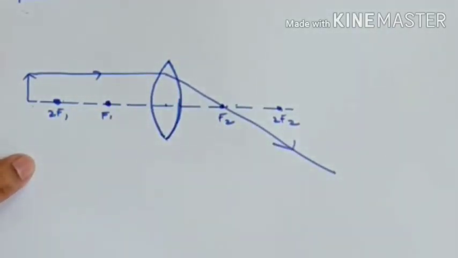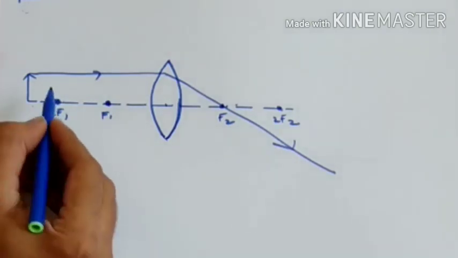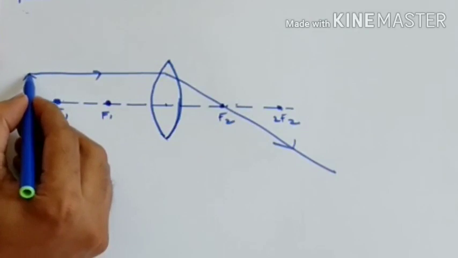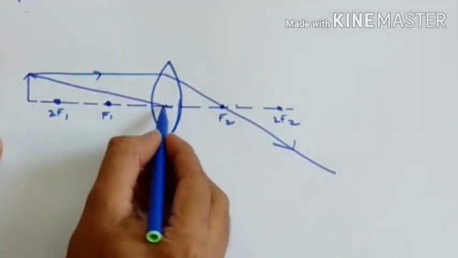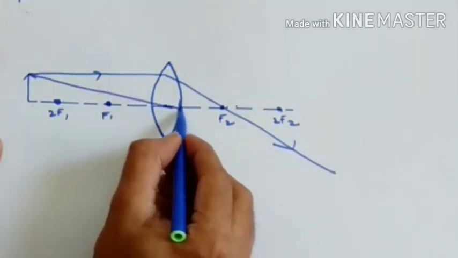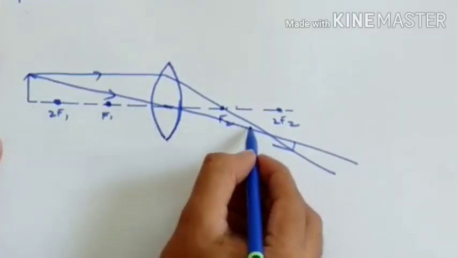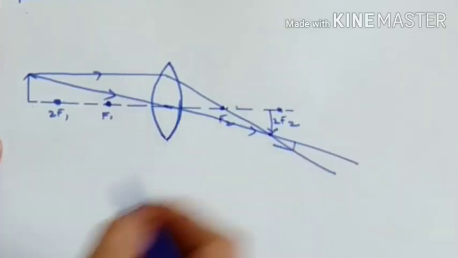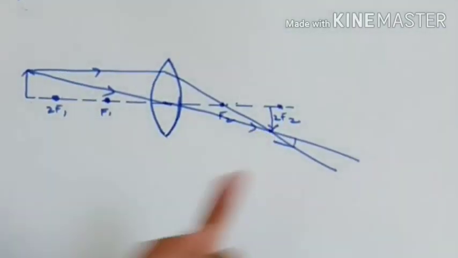That is the first ray. Second ray you can consider going towards the optical center. So the ray which goes towards the optical center will pass by without any deviation. So you can see they are meeting over here, and this is where we will get our inverted image.